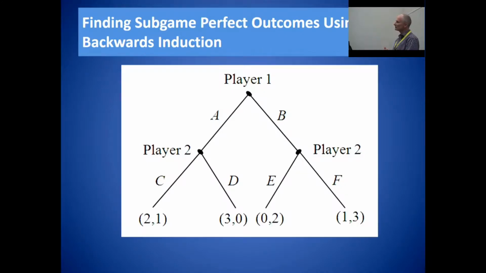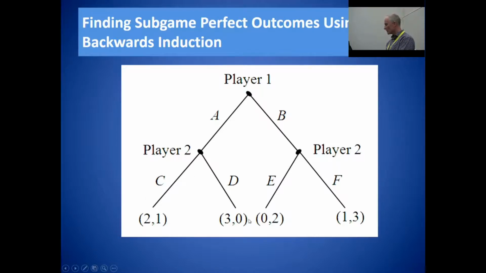Deliberately, I've chosen an abstract example. We've now got a game where player 1 and player 2 are taking it in turns to move. Player 1 moves initially and chooses between two available choices, A or B. If player 1 chooses A, then it's player 2's turn to move: does he choose C or D?